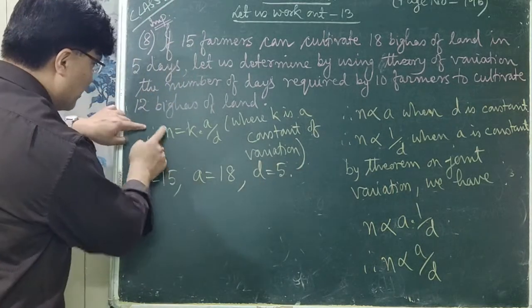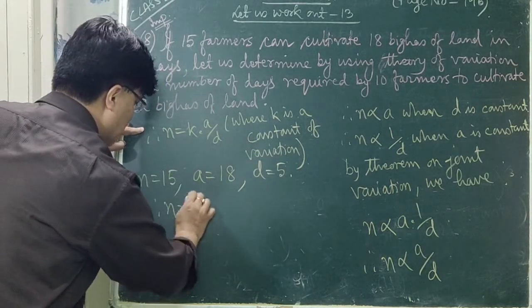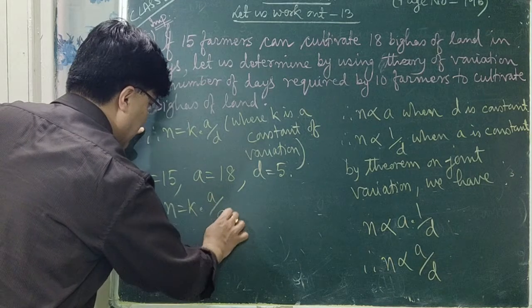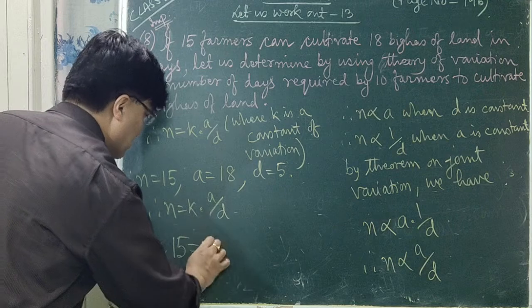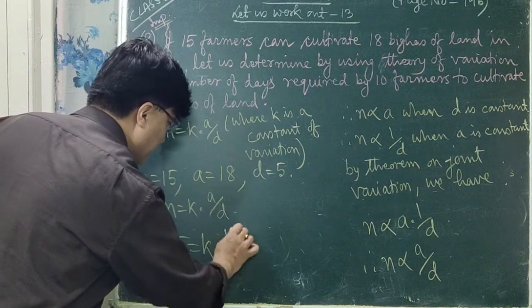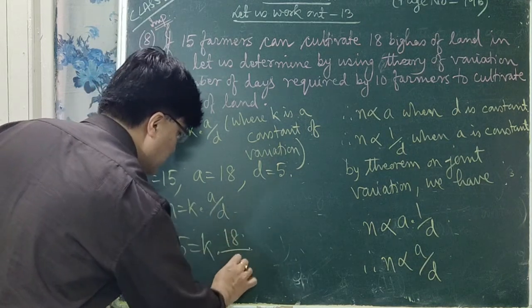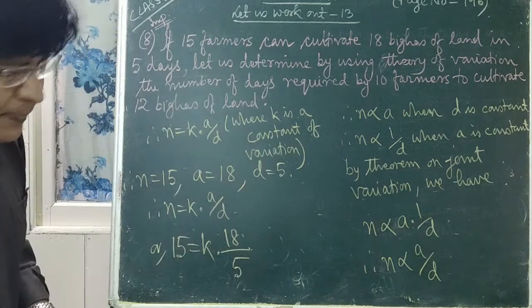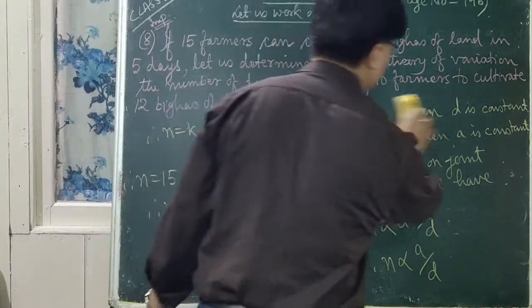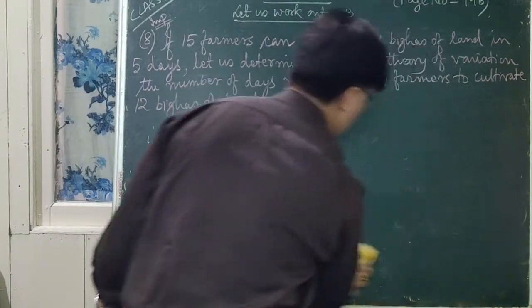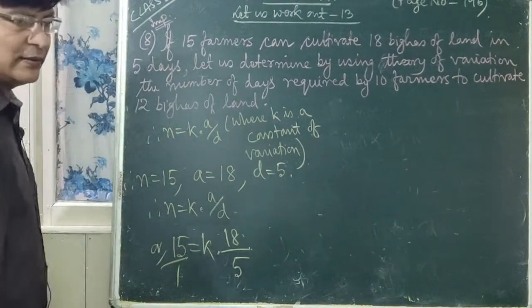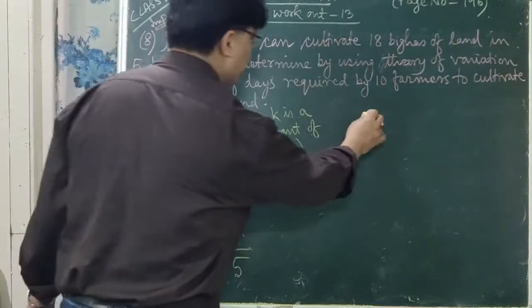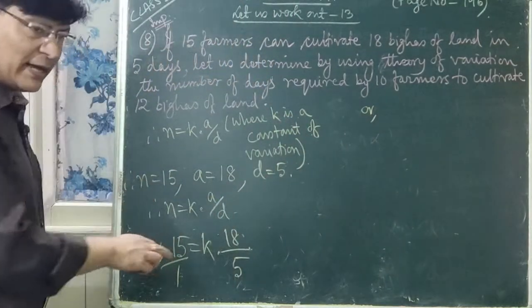So let us put these values here. That is, N is equal to K into A by D. What is N out here? 15 is equal to K into what is A? 18 whole divided by what is D? It is 5. So let us simplify it. So now in this case, below 15 there is 1. So you can do cross multiplication. You know how to do cross multiply, right?